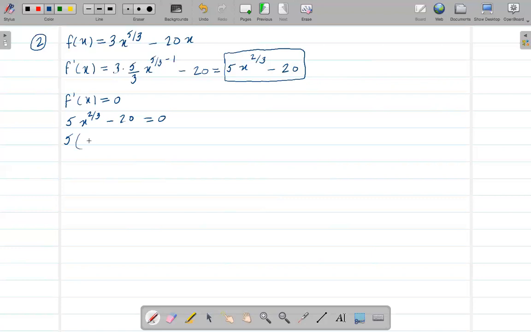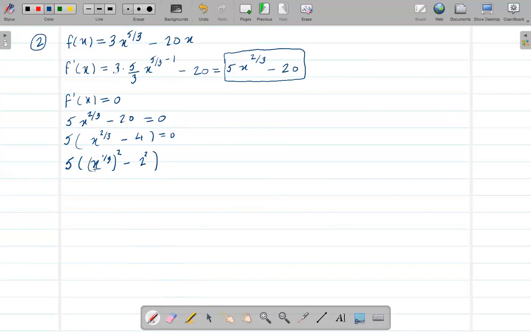If I do that, I get x to the power 2 over 3 minus 4 equals 0. Also, this x to the power 2 over 3, I can write as x to the power 1 over 3, squared. When I factor out 5, this is 4, and 4 is also 2 squared.